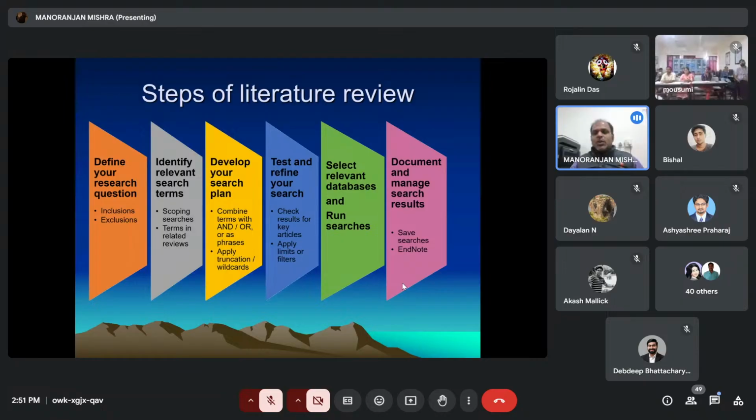Okay. So while managing these search results, the first thing you make is a bibliometric or scientometric analysis from the bibliometric databases. When I say bibliometric databases, it means the databases which are available freely.